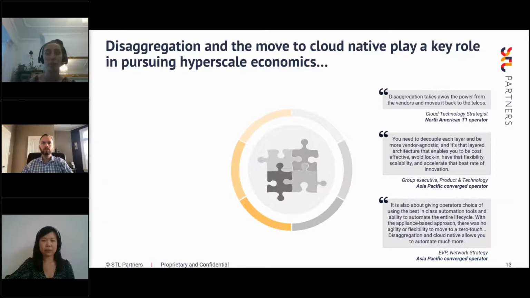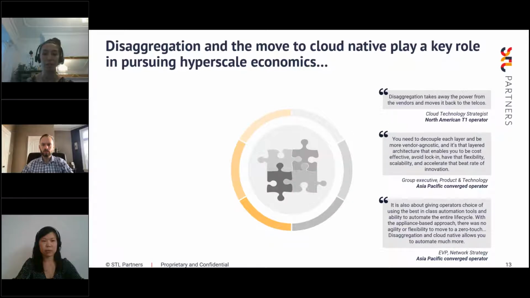And just to clarify, when we talk about disaggregation, obviously there's a lot of different levels to this. At the most basic level, it's just decoupling that hardware and software, or you could go even further and break it down into more granular levels. But at a fundamental level, when we talk about disaggregation, we're talking about the ability to separate the network into the different elements or functional components, and so they can then evolve independently of each other.